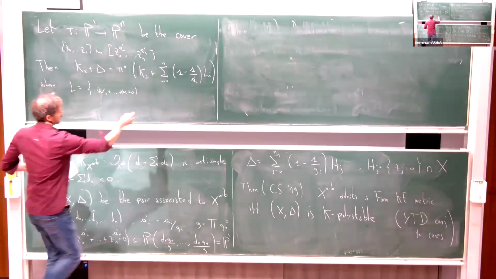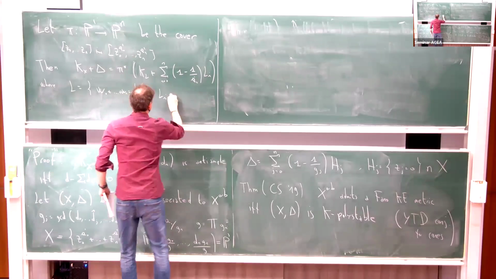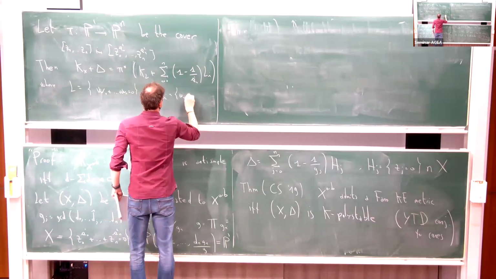And the Li are the corresponding hyperplane. So W equal to 0.